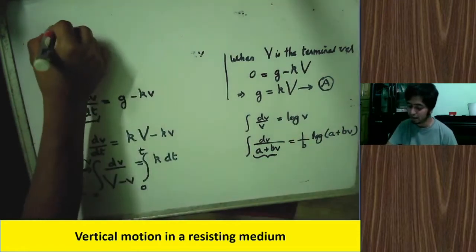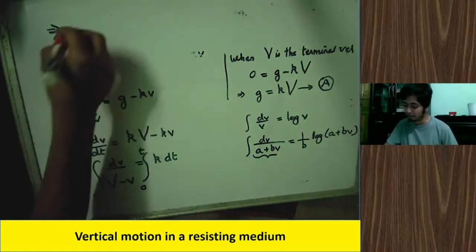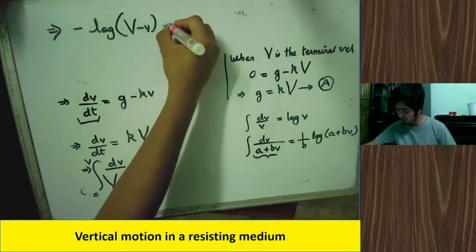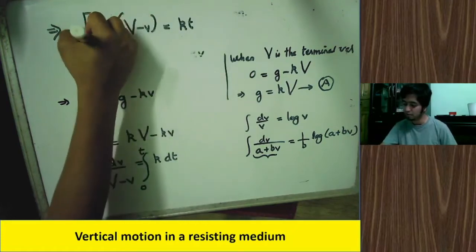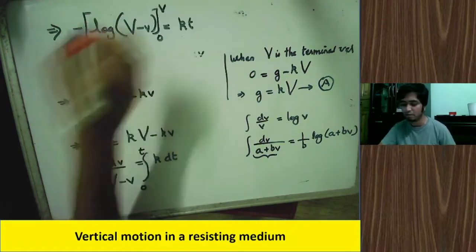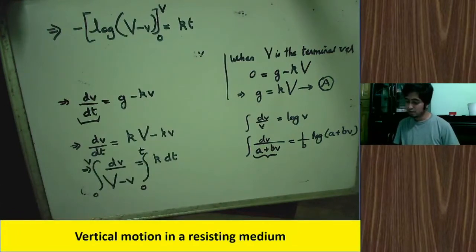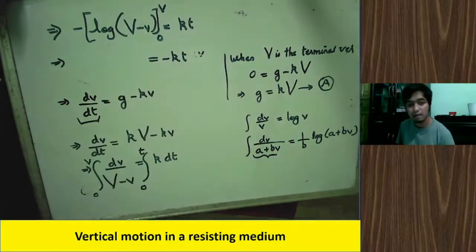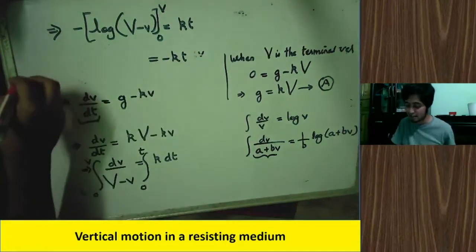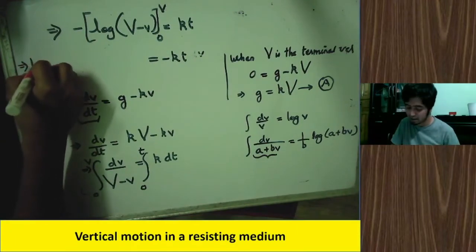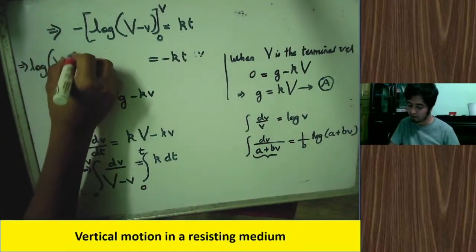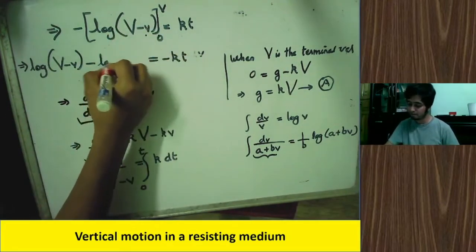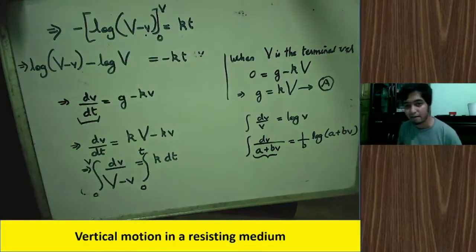Similarly, if we use that over here, we will have minus log of (capital V minus v) equal to kt, with the limits from 0 up to V. So minus kt, you can write it here. Now we can substitute the limits on the left hand side in place of v.